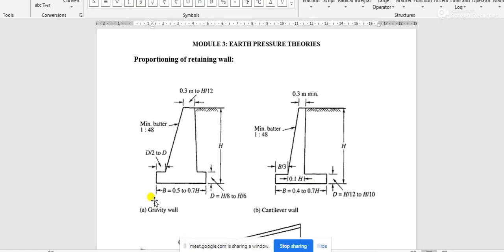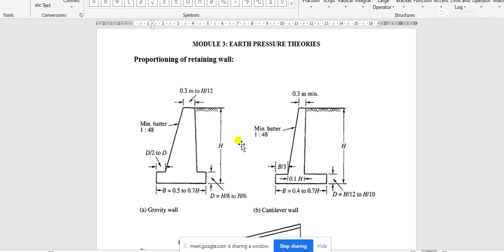The width of the base slab for a gravity retaining wall is 0.5 h to 0.7 h, and for a cantilever retaining wall, the width of the base slab is 0.4 h to 0.7 h.